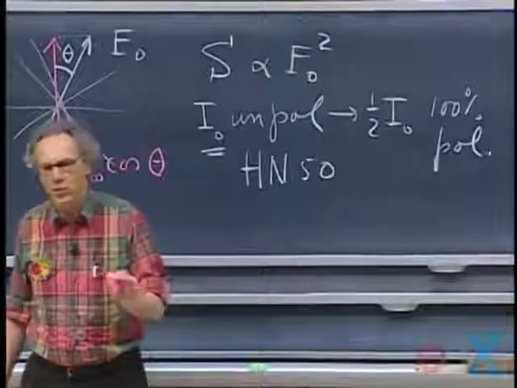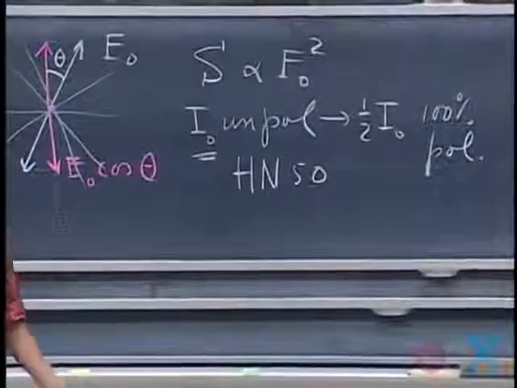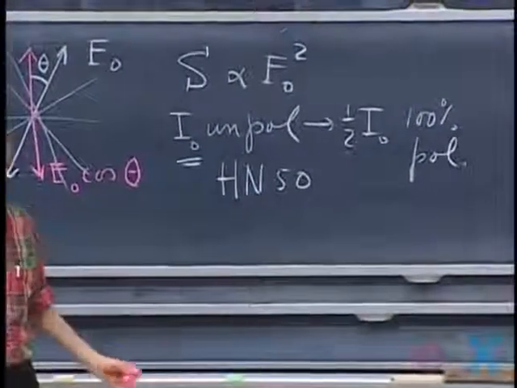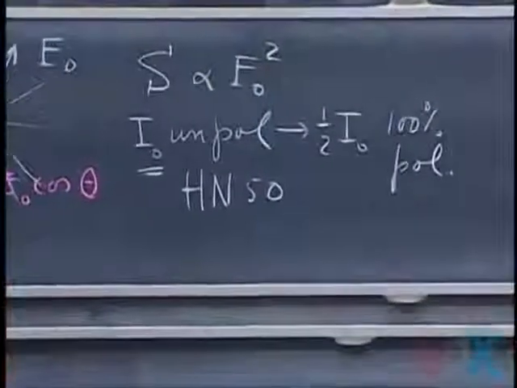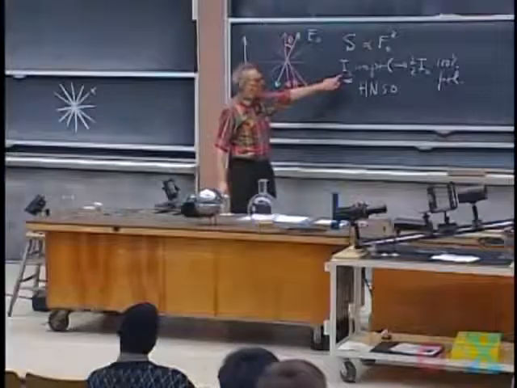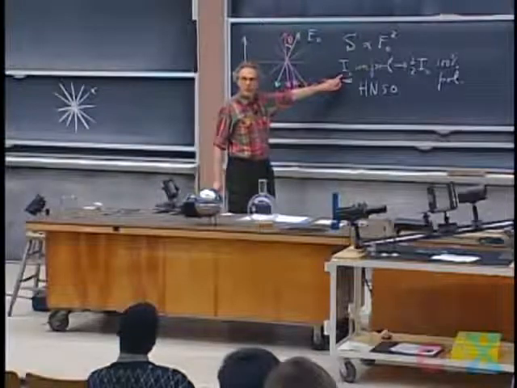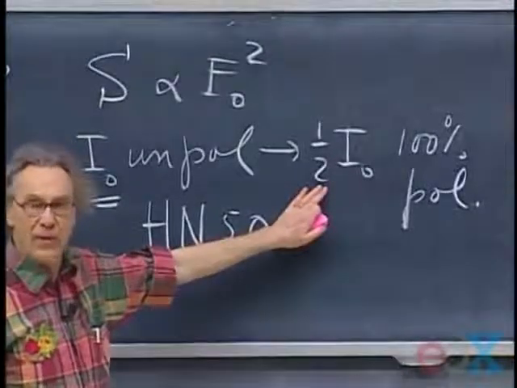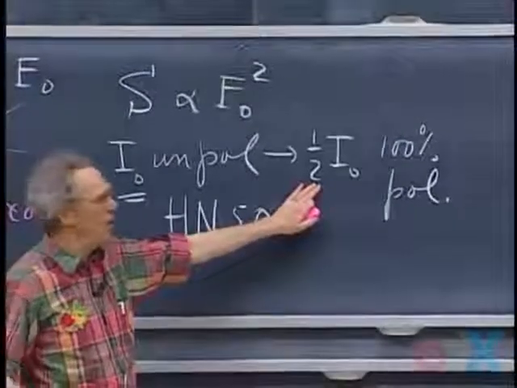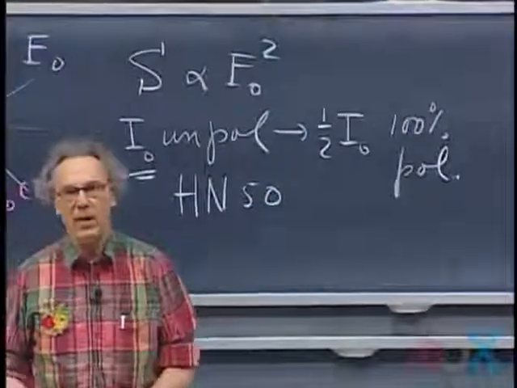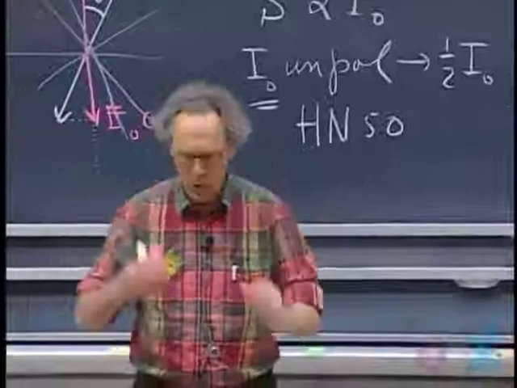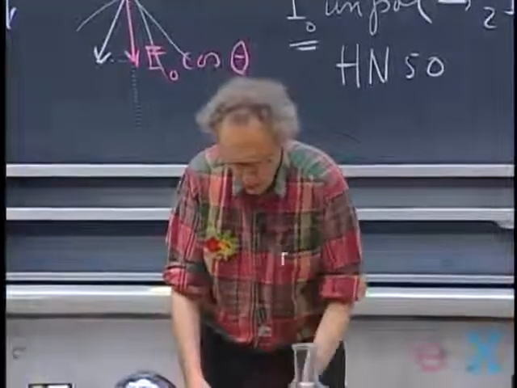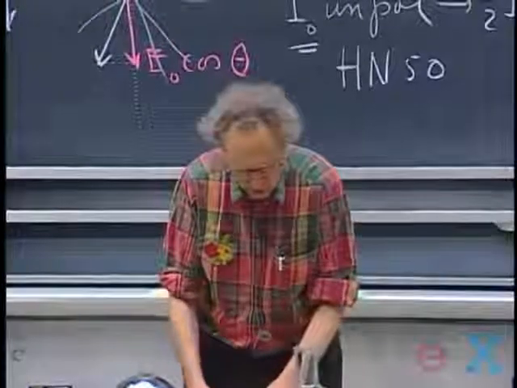I don't quite know what yours is, I didn't measure it. Yours may be an HN25 or maybe an HN30, which would then mean that the intensity of an unpolarized beam would not be half of I0, but maybe only 0.25 or 0.3. But in any case, the light that will come through your linear polarizers will be very closely to 100% polarized.